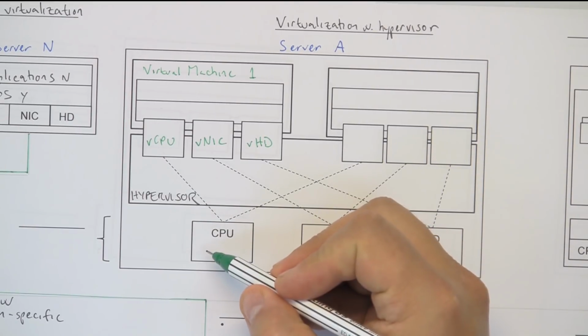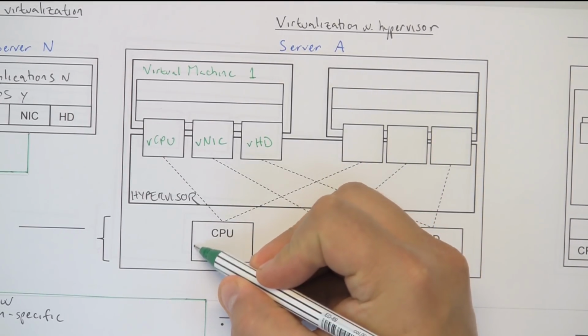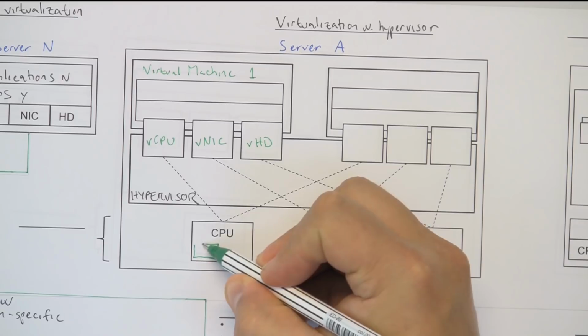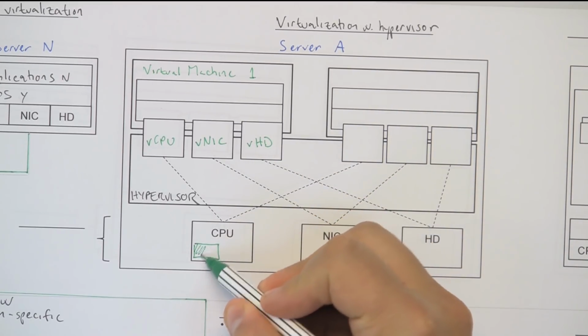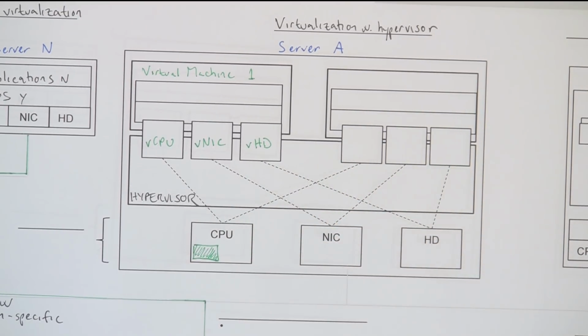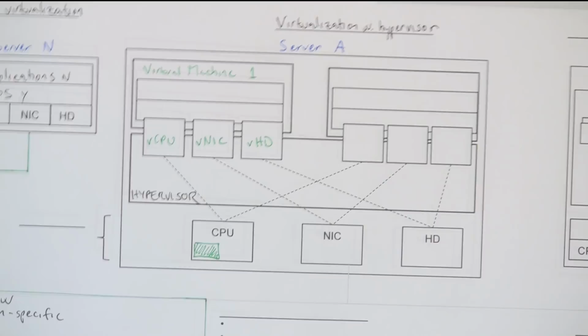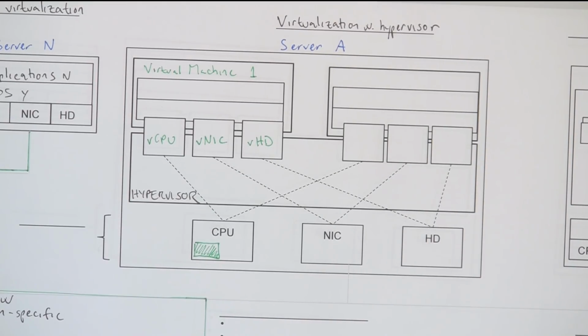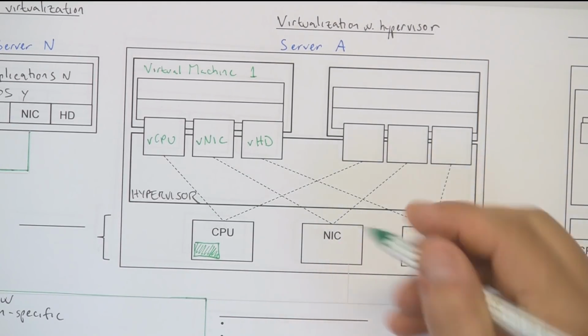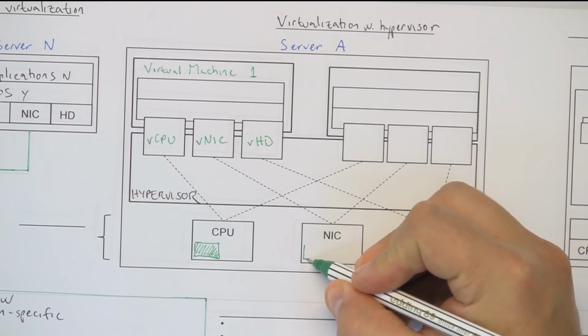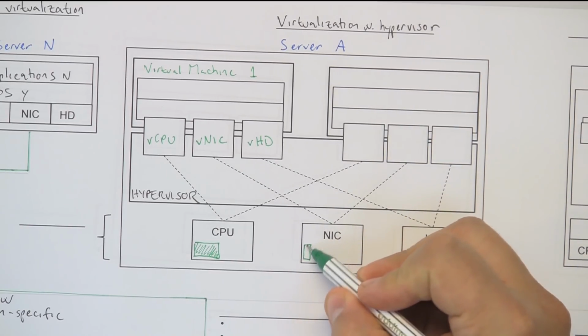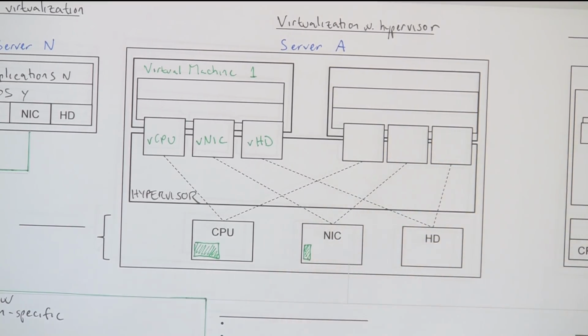Now I'm going to draw a little bit of green here. I'm going to give it this amount of CPU. So it's not the full CPU, but a fairly chunky part of it. The network card, you could see as bandwidth. For instance, if you wonder how do you split up a network card?